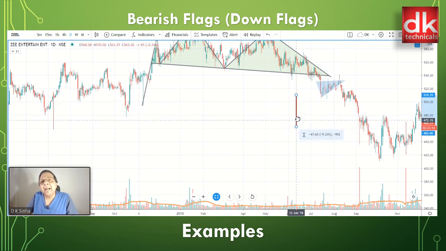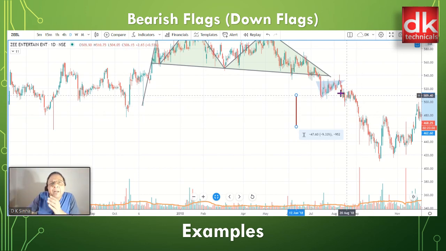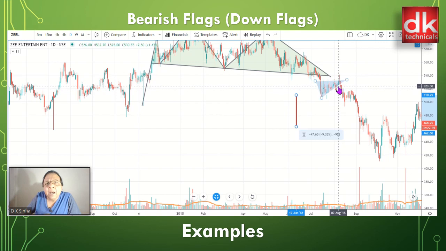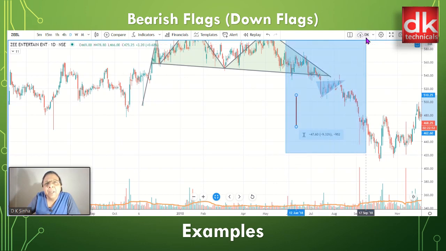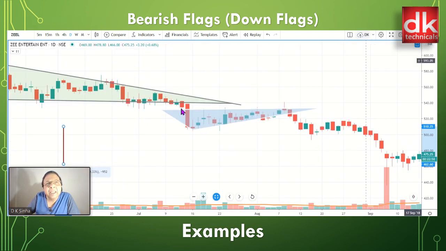It is exactly the same as what we have discussed in the markup phase for bullish flag formation. So in this particular case, we put a sell stop order just below the, let me enlarge this particular portion so that you can understand. This is the portion. You can see the flag.